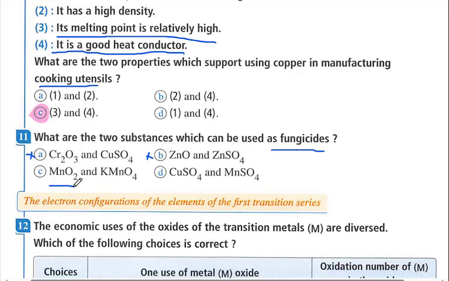Manganese oxide is used as a catalyst in the decomposition reaction of hydrogen peroxide and as a strong oxidizing agent in dry cells. It is not a fungicide. Potassium permanganate is a fungicide and antiseptic. The two compounds used as fungicides are copper sulfate and manganese sulfate, so this is the correct answer.